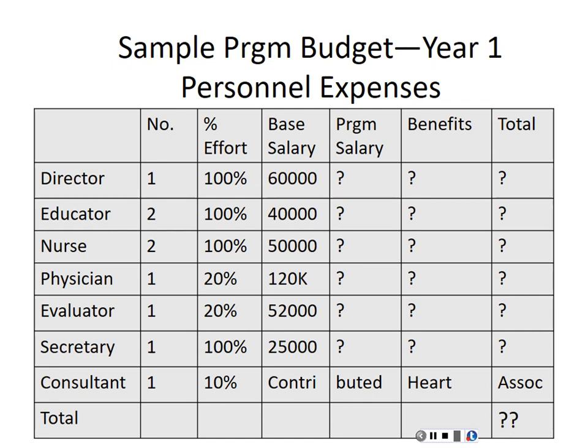However, if a person is only allocating 20% of their time to the project, then the project should only pay for 20% of their time, which is 0.2 times 52,000. So this is how we complete this column.